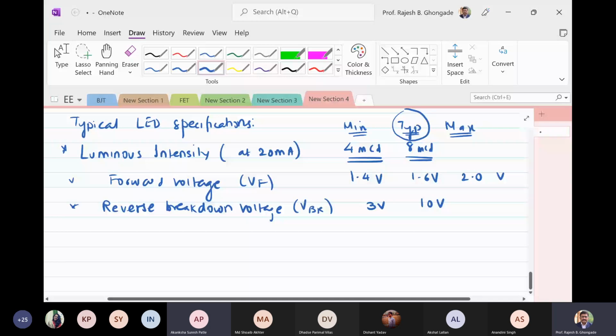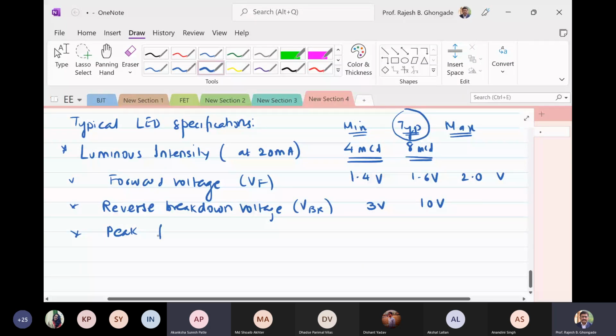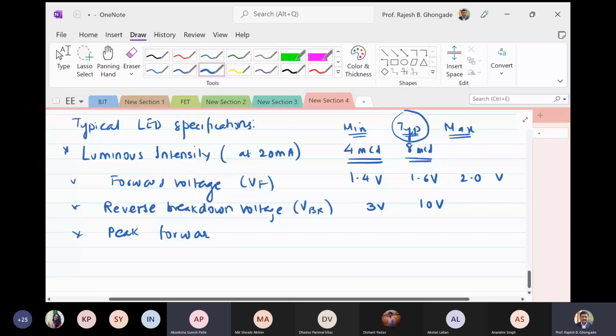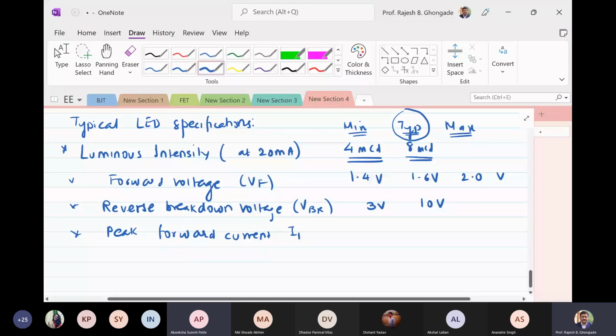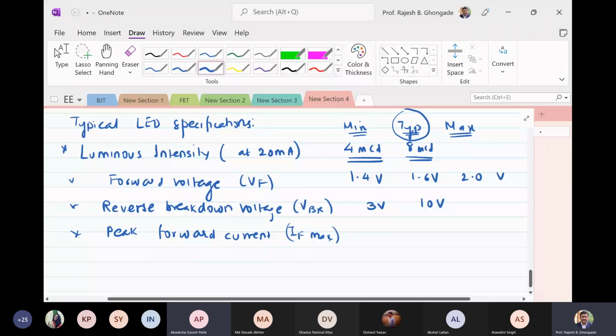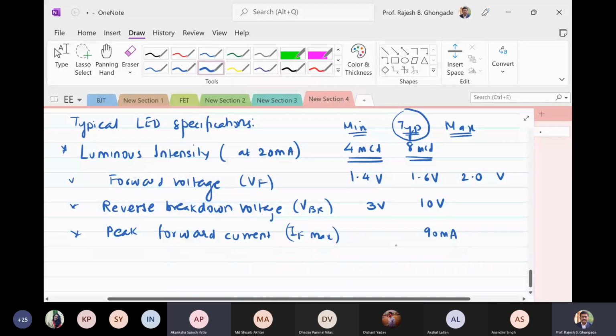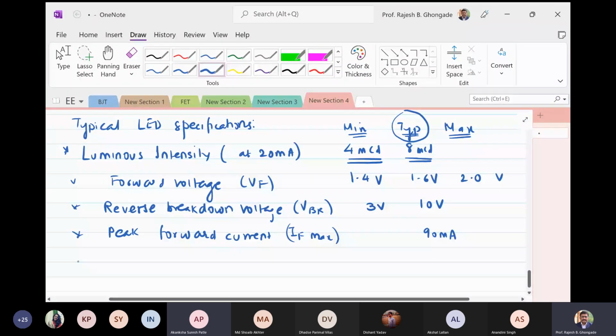Then we have the peak forward current, that is IF max. Typically it is 90 milliamperes. Peak and average.